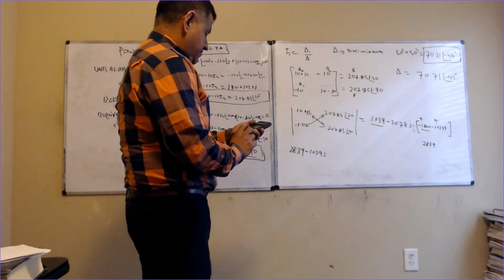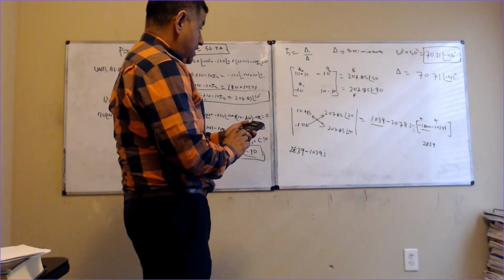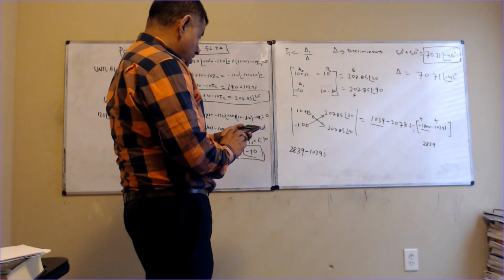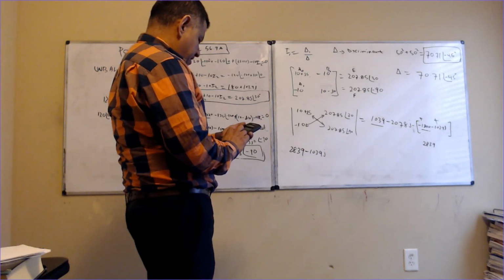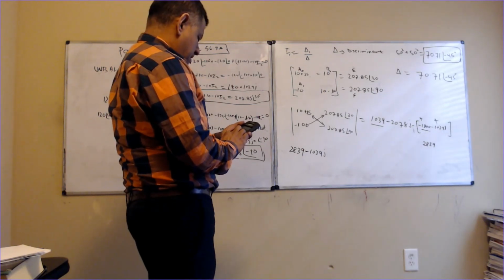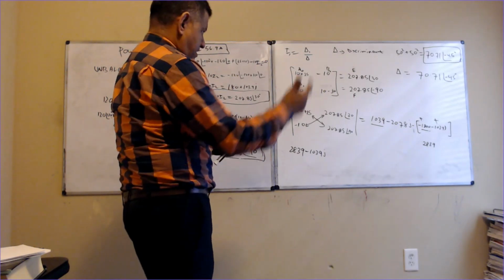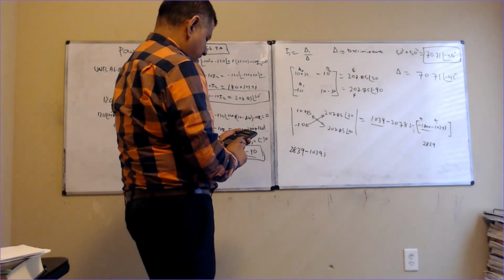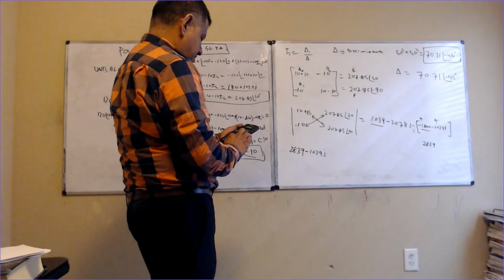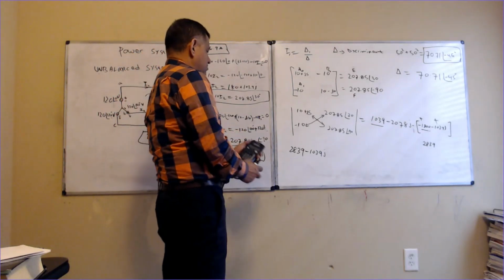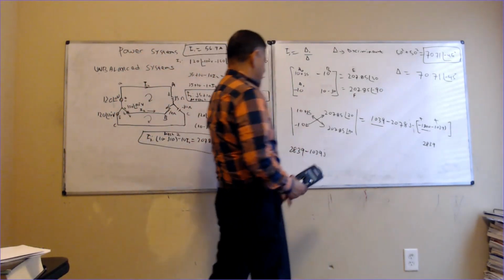You do negative 20.78, right? I mean, you can do it in your head too. It's just the half, right? Plus 1039, it's equal to negative, it's equal to this guy right here.